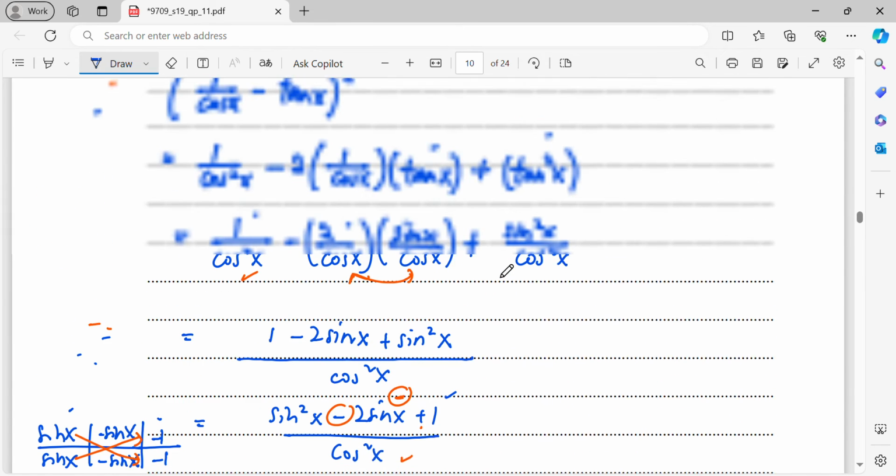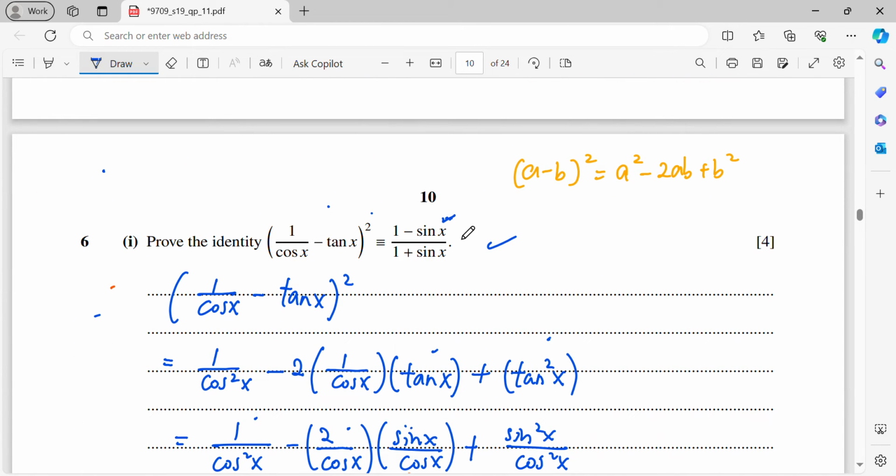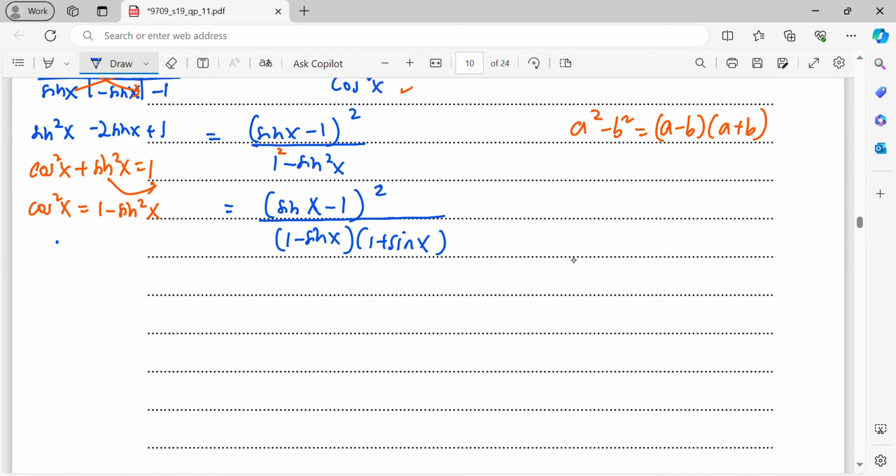Now you check the answer here. The answer should have 1 minus sine x. And now in my numerator I have sine x minus 1, which means I can just take out a minus. Then this one will be (1 minus sine x) squared, over 1 minus sine x times 1 plus sine x.